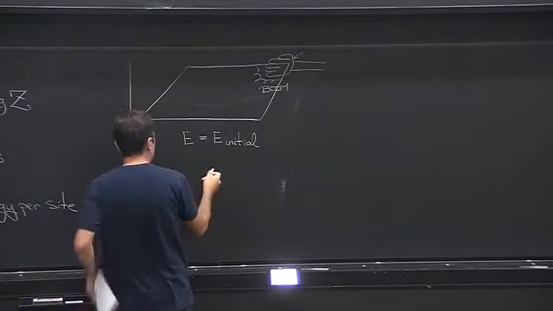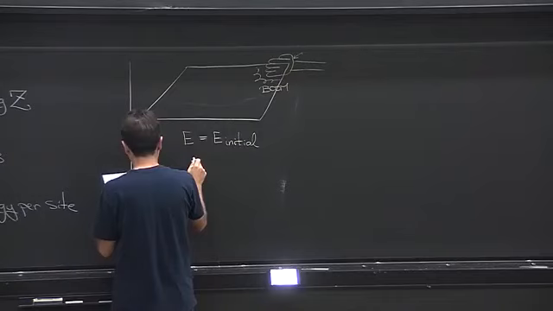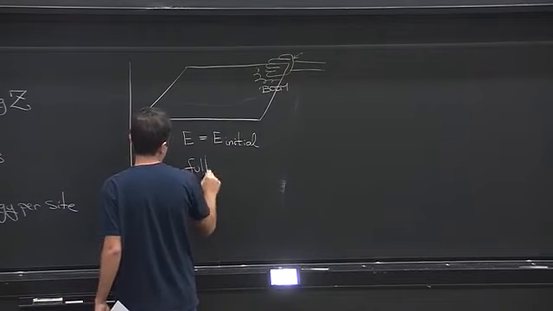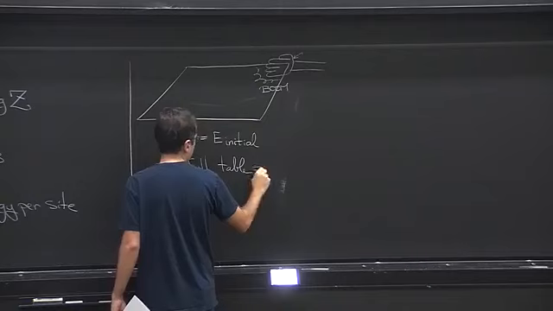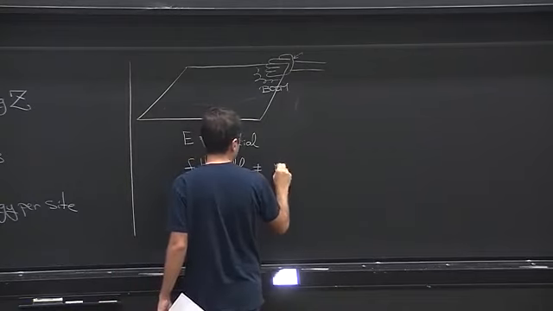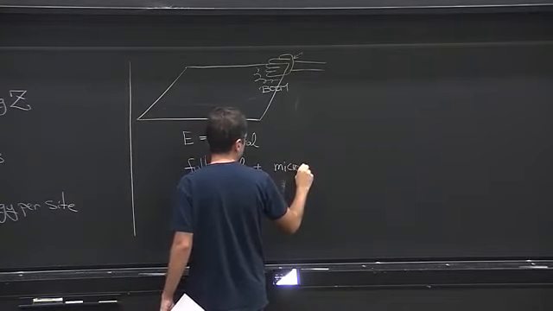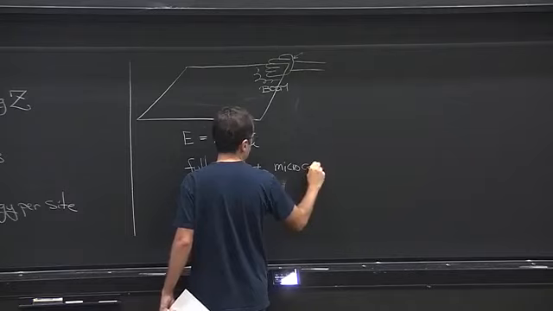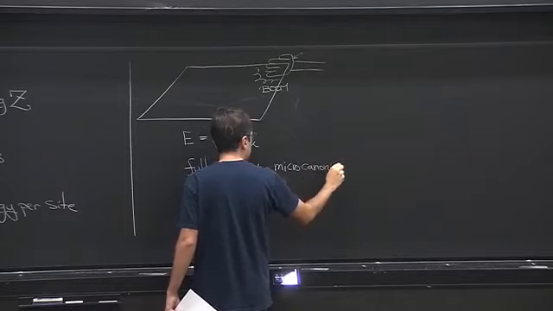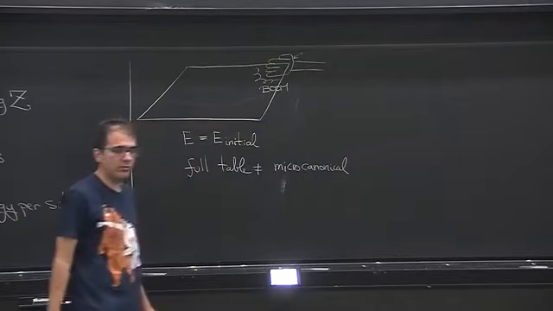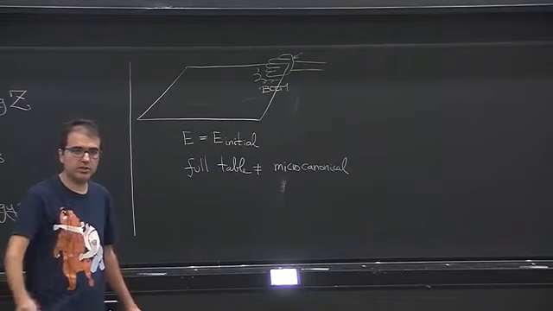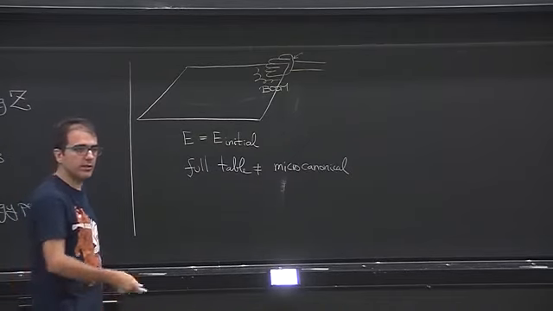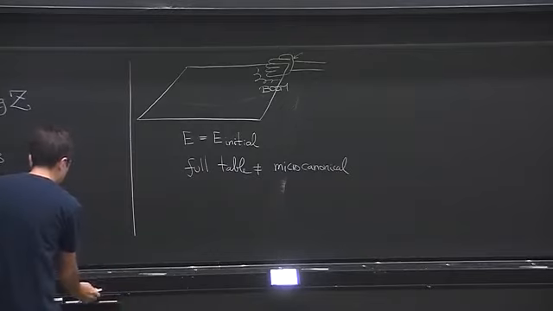And of course, this full table is not the micro-canonical ensemble, right? I'm not summing over states. I just punch it once and let it evolve. I'm not summing over all possible states.